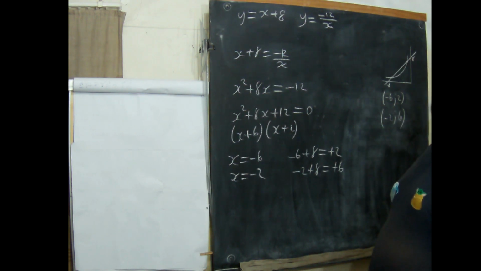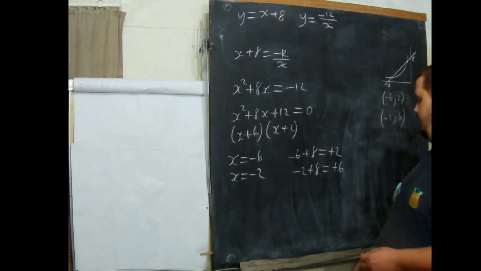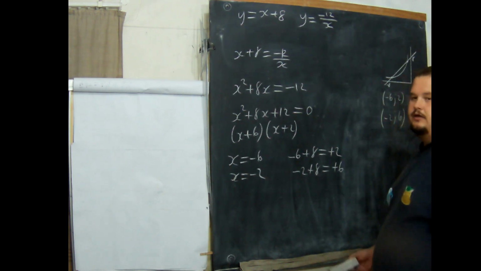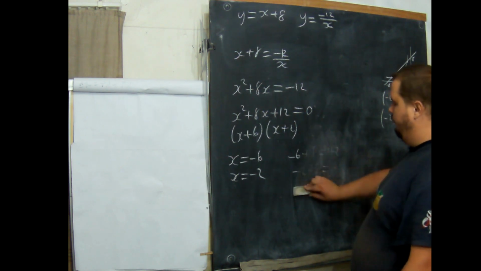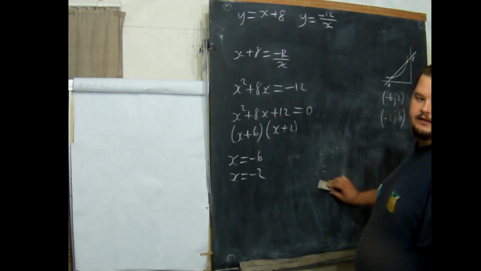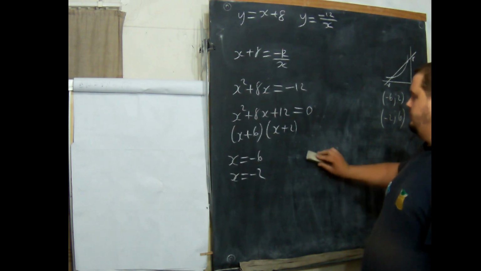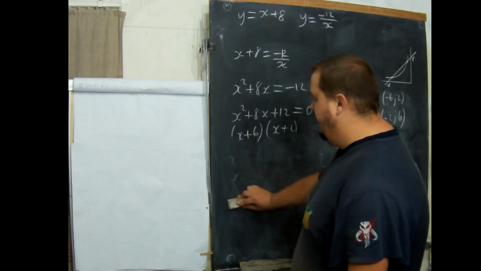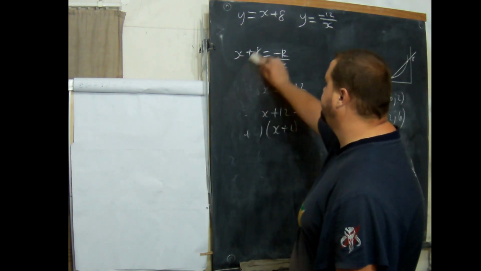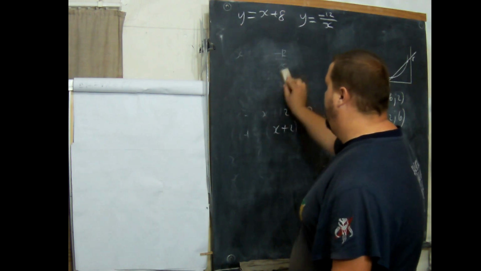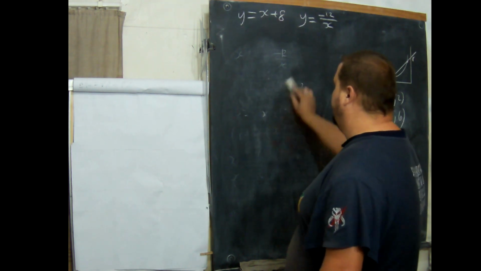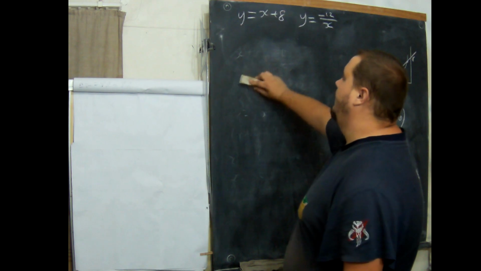But in this case, whenever you get your integrals and your limits on your integrals, always try to make it a positive number at the top. The top number must always be positive as far as you can make it.